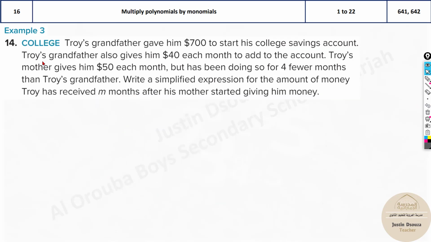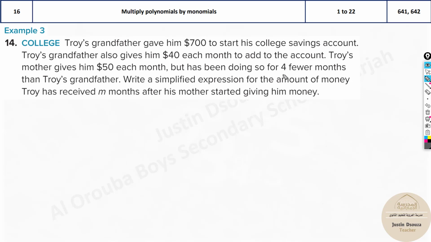It's about college. Troy's grandfather gave him $700 to start his college savings account. Troy's grandfather also gives him $40 each month to add to his account. Troy's mother gives him $50 each month, but has been doing so for 4 fewer months than Troy's grandfather.